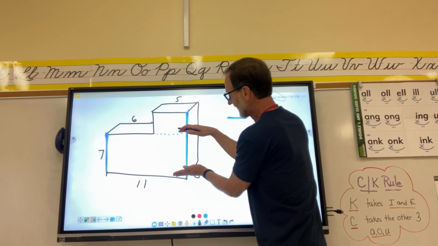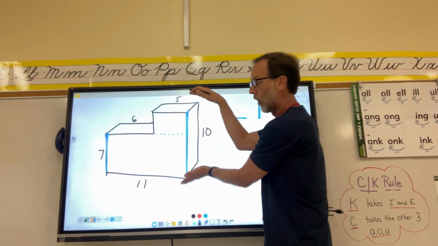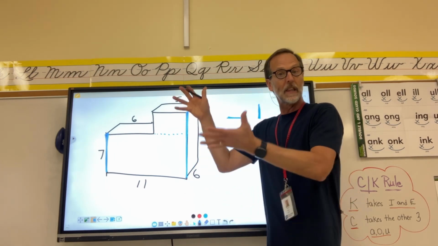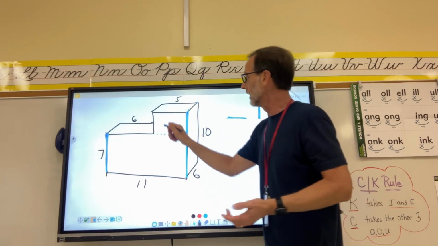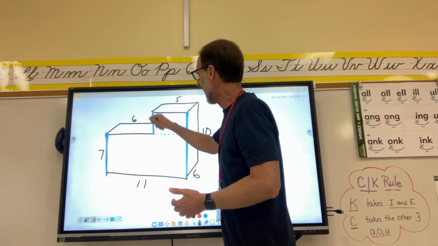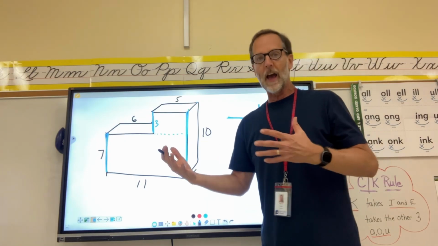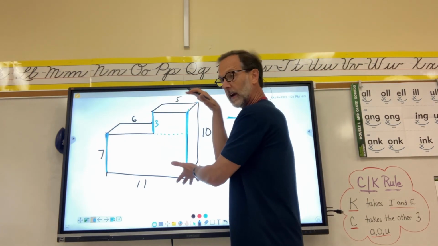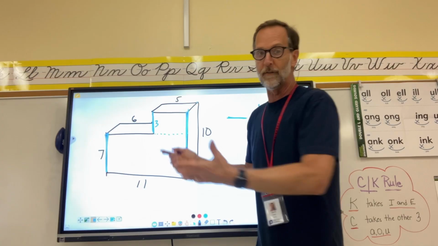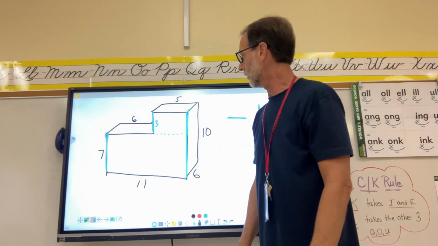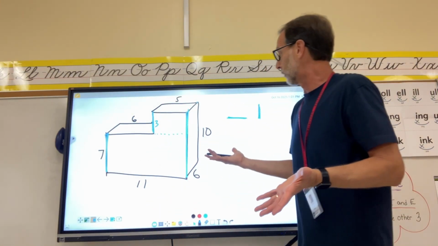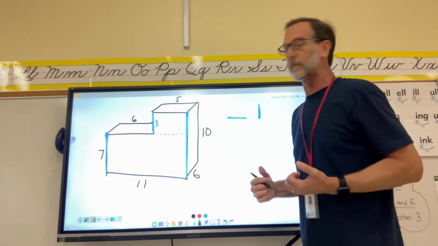So if this is 7, what does that have to be if the whole thing is 10? Take the bigger side, subtract the smaller one. This side right here is going to have to be 3, okay? So you're going to have to subtract the bigger one minus the smaller one to find that missing side, okay? So doing that, now it's labeled. Now everything we need is up there, okay?